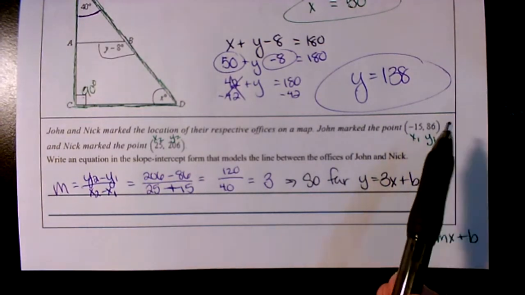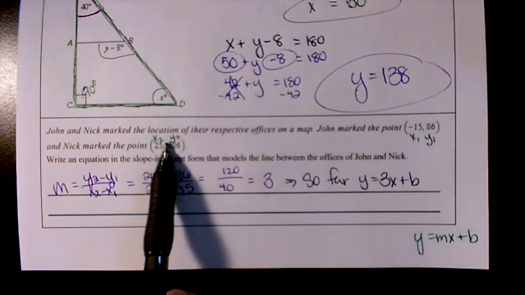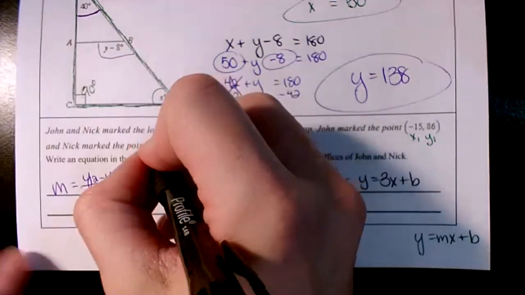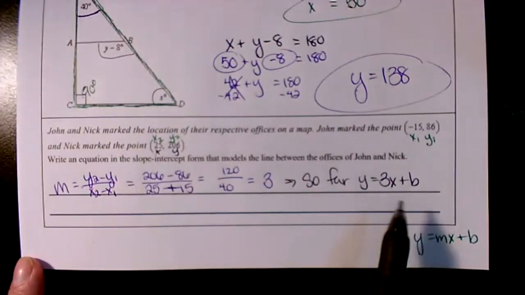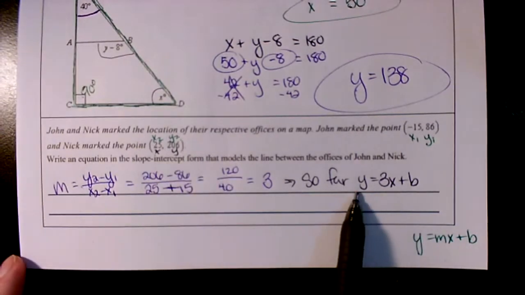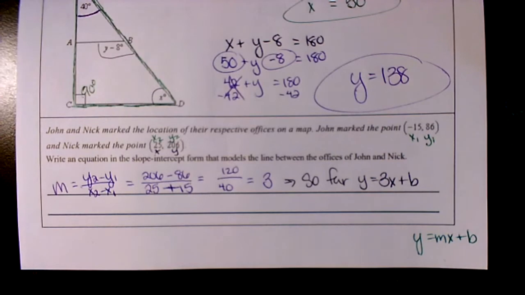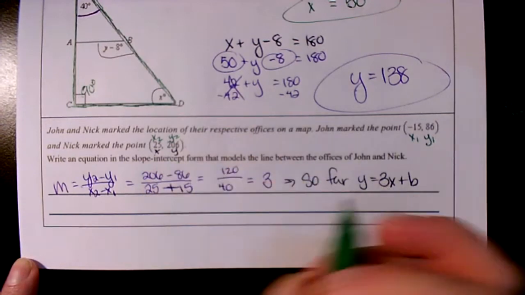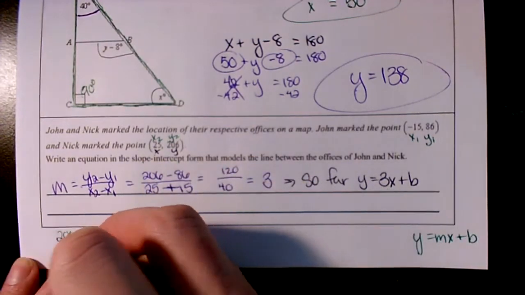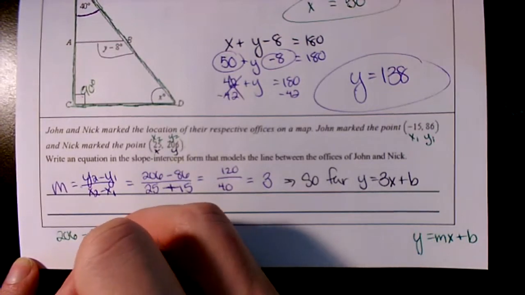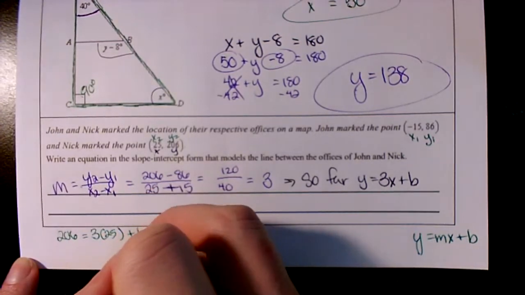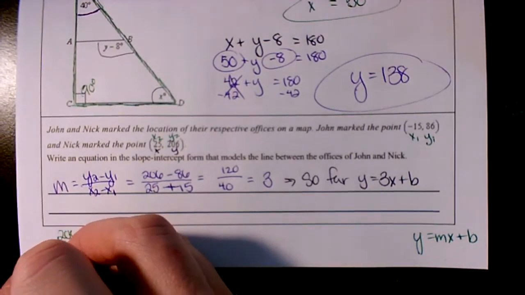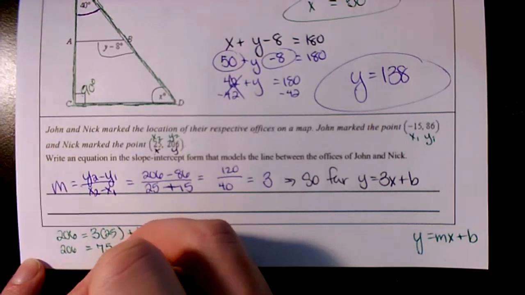Okay. What I can do is take any of these points, and I'll take this point right here because this point seems to be just a teensy bit more pleasant. And I'll relabel it x and y, and then plug 25 in for x here and 206 into y here, and that'll allow me to get b. Now, if I do that, I get 206 equals 3 times 25 plus b. 206 equals 75 plus b.